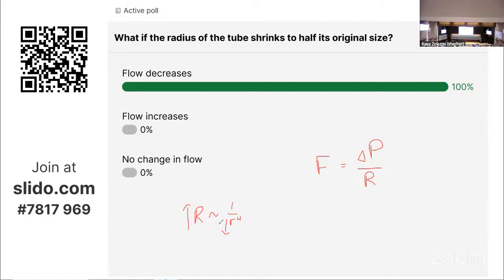So then we take this, put it into the larger equation, okay? So our resistance went up, and our flow has to go down. Right? So when we think about radius and resistance, we do have kind of a two-step process that we think about in our heads.